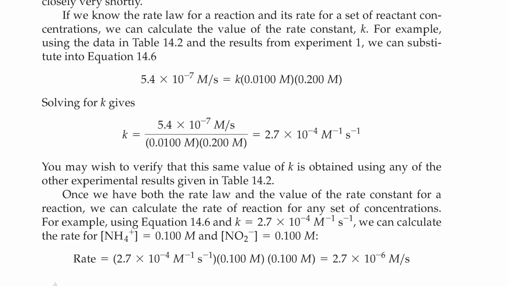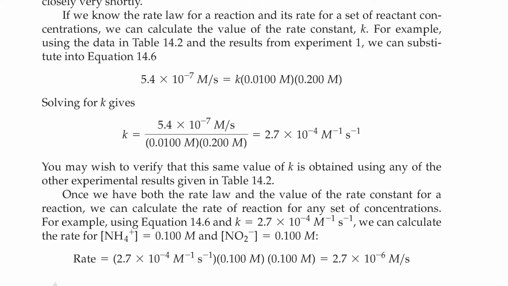You may wish to verify that the same value of k is obtained using any of the other experimental results given in table 14.2. Once we have both the rate law and the value of the rate constant for a reaction, we can calculate the rate of reaction for any set of concentrations. For example, using equation 14.6 and the rate constant of 2.7 times 10 to the negative 4 per molar per second, we can calculate the rate for ammonium equals 0.1 molar and nitrite equals 0.1 molar.